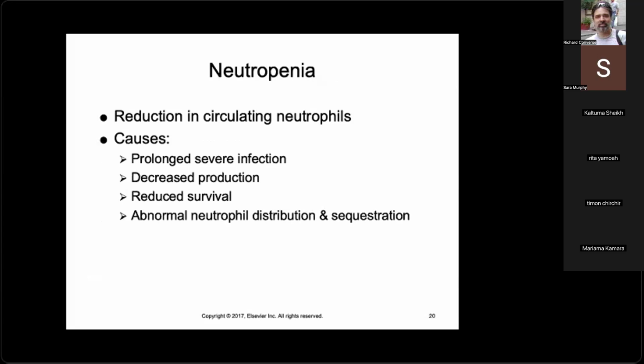Okay. Neutropenia is just a reduction in the circulating neutrophils and can be caused by prolonged severe infection, decreased production, reduced survival, abnormal neutrophil distribution, and sequestration. So, severe infection: you've got to remember that the neutrophils generally are the first on the scene when there is an infection to deal with the bacteria, right?